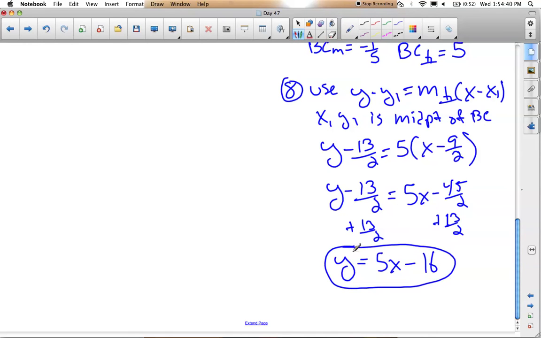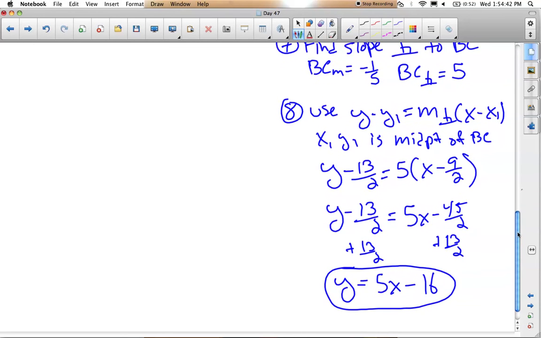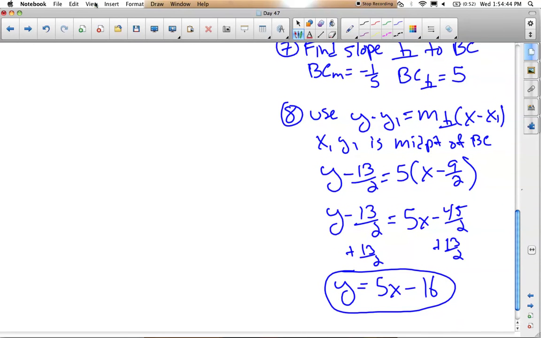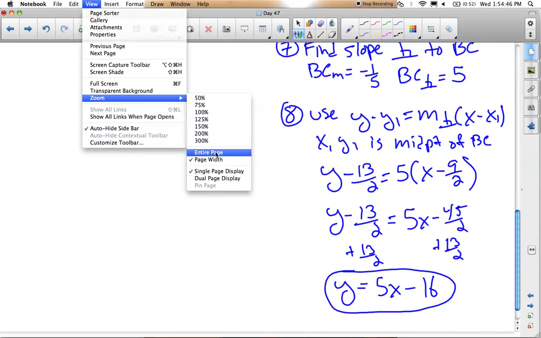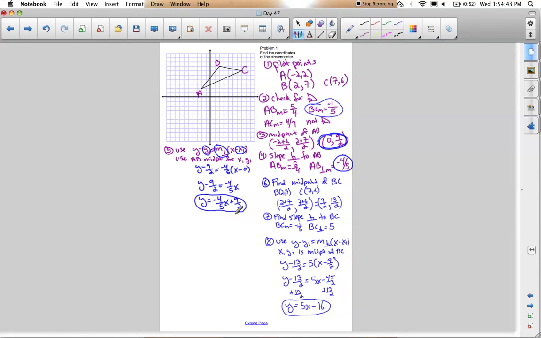Okay, so I have two equations. So I'll zoom out here for you. It's okay, Tequila? So I have these two equations. I'm now going to go to step 10. Okay, step 10.